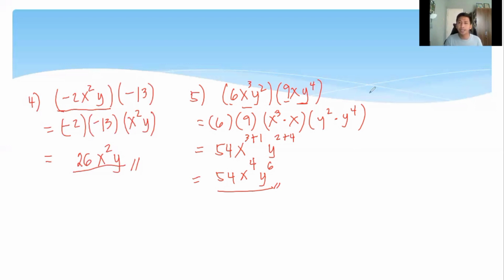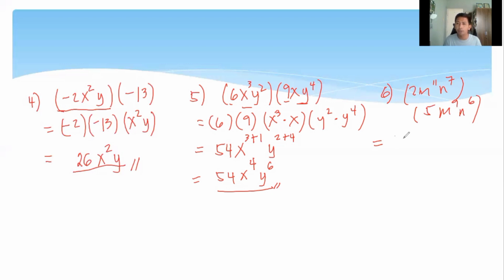Okay? Last example under multiplying monomial by a monomial. Say for instance, we have 2m raised to 11, n raised to 7, multiplied by 5m raised to 9, n raised to 6. So it's very easy. Multiply nyo muna yung numerical coefficients or yung numbers doon sa two monomials.